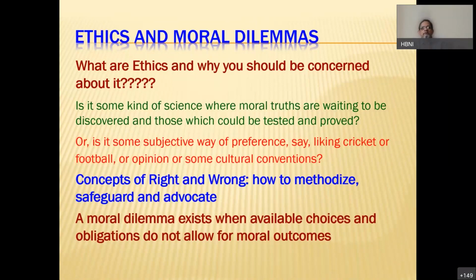Okay. So we have these concepts of right and wrong. So how do you methodize these concepts of right and wrong? How do you safeguard them and how do you advocate these concepts? Now, a moral dilemma, you say, exists when the available choices and the obligations do not allow for moral outcomes.